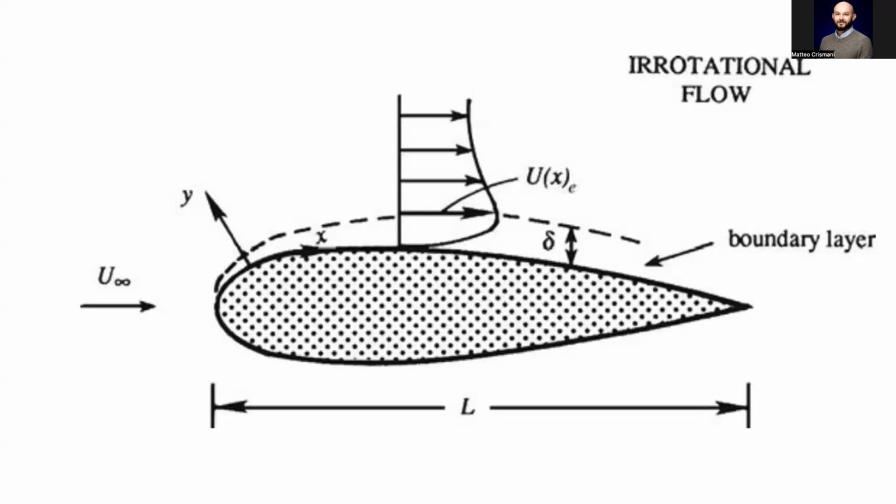And you can write something very similar for the v component. But the beauty here is that when we start looking at these dimensionless equations, we can see the importance of the Reynolds number. So if the Reynolds number is very, very big, what does that do to these equations?